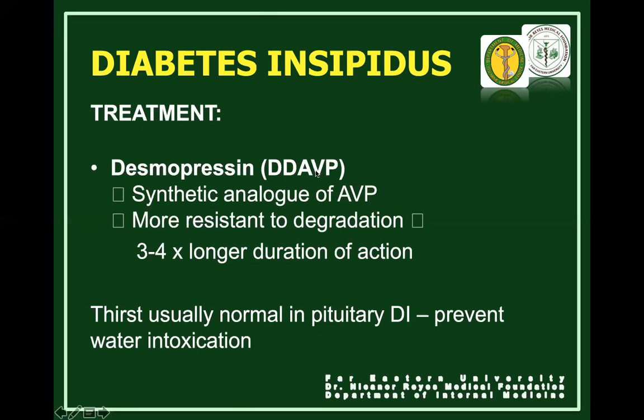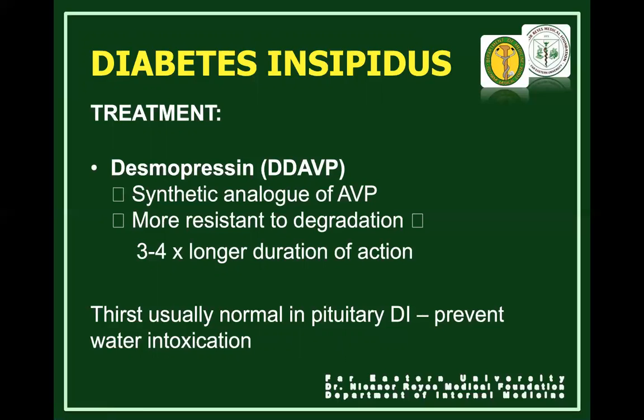Okay, we assess this one since we don't measure the AVP. What we usually do is look at the response: the polyuria and the concentration of the urine. We usually give it at night so that they don't go into nocturia, and see up to how long the patient will respond, and that's the time that we assess if we will give the next dose.